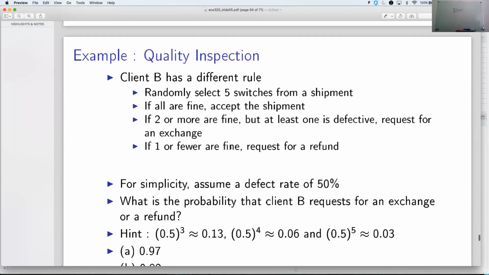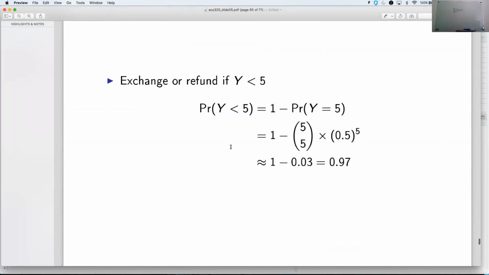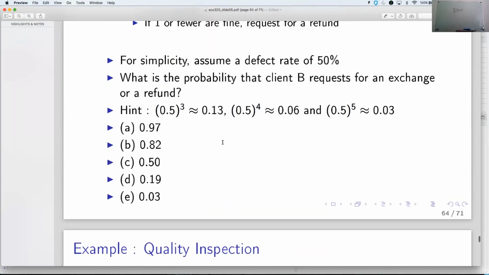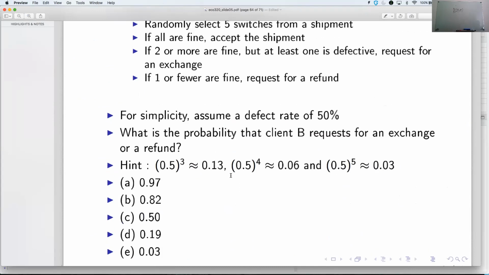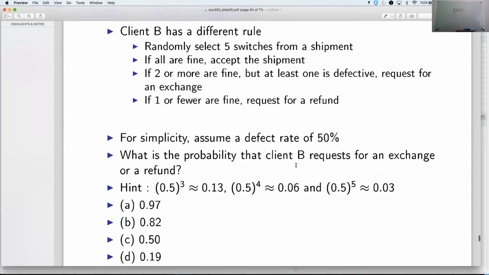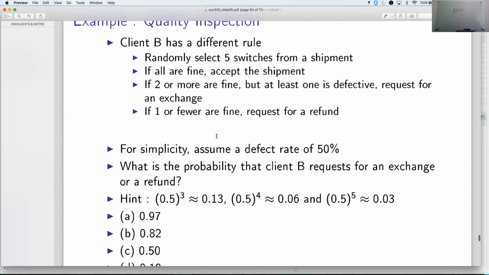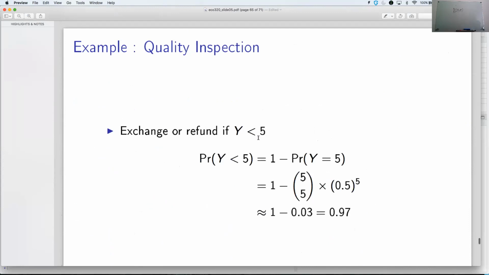These are some more examples. Please take a look at this one. What is the probability that clients will request an exchange or refund? We are looking for this. If Y is less than 5, they are going to request the exchange or refund, right? So that is the probability of Y less than 5.